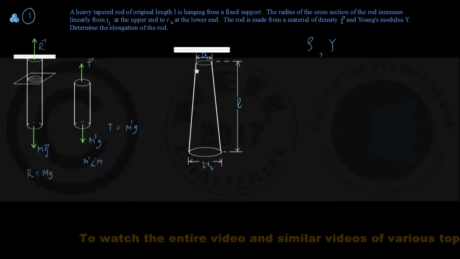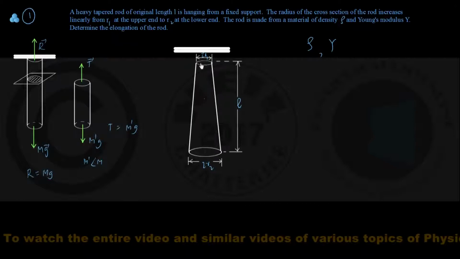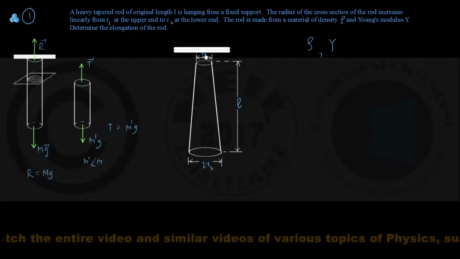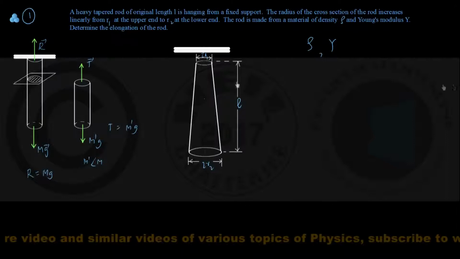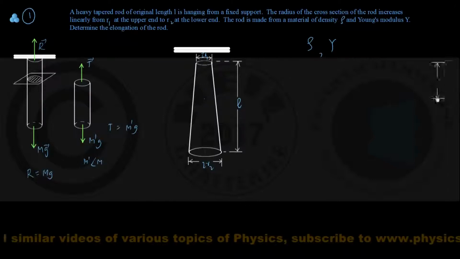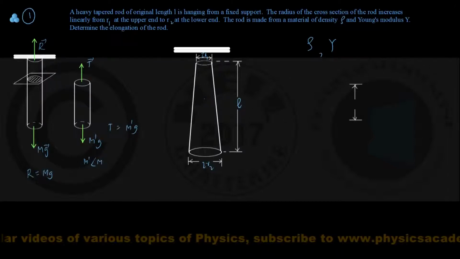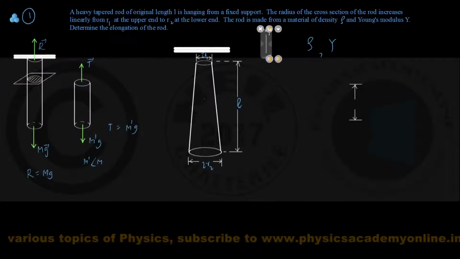So what we do, from this upper end of this rod in contact with this ceiling, I go to a depth of, say, Y, a variable quantity. I'll be taking the downward direction as plus Y direction.